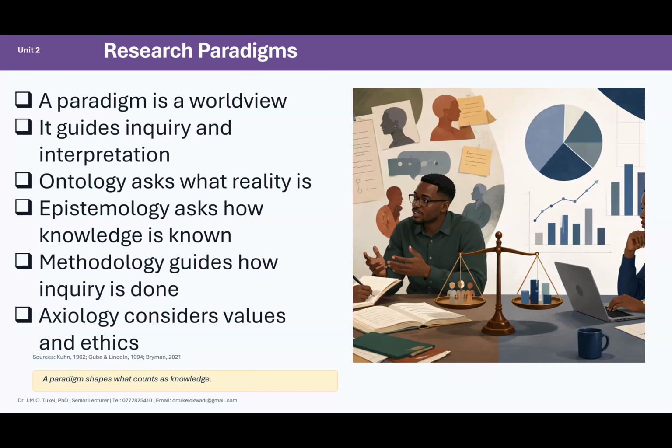Pragmatism focuses on methods that best answer the problem and often supports mixed methods. Colleagues, you can look at this. Critical approaches therefore examine power, inequalities, and transformation. I hope I'm communicating. The paradigm should be selected because it fits the research problem, not because it sounds sophisticated.